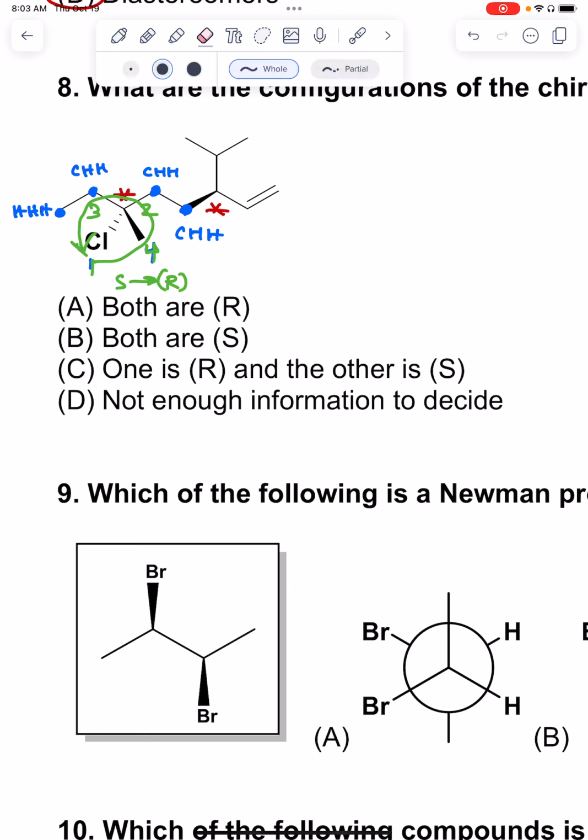I'm going to erase some of this just so I can look at my other chirality center more easily. So our other chirality center is here. And we can look at our carbons. So we've got 1 carbon here, 1 carbon here, 1 carbon here, and our hydrogen's in the back this time. That's not drawn correctly. Here we go. So we can really just ignore our hydrogen. It's in the back. It's not going to bother us. All right.